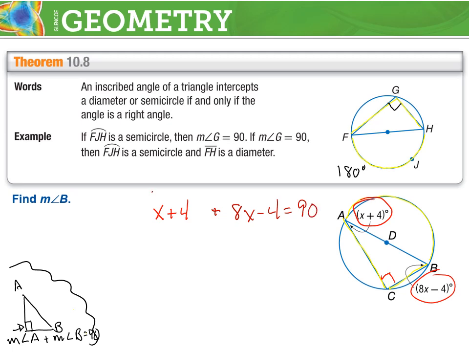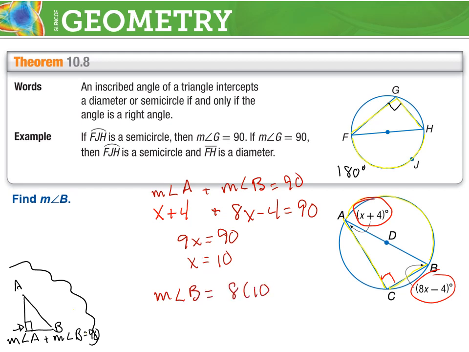In other words, the measure of angle A plus the measure of angle B equals 90. I solve this and get 9x equals 90, so x equals 10. Since we're asked to find the measure of angle B, the measure of angle B equals 8 times 10 minus 4, which equals 80 minus 4, which equals 76 degrees.